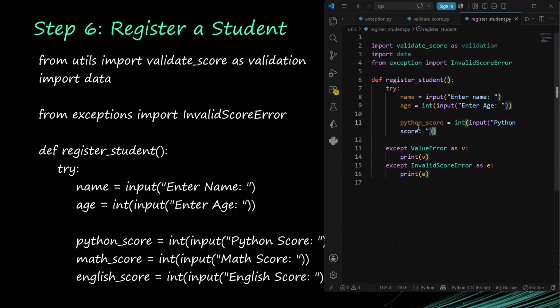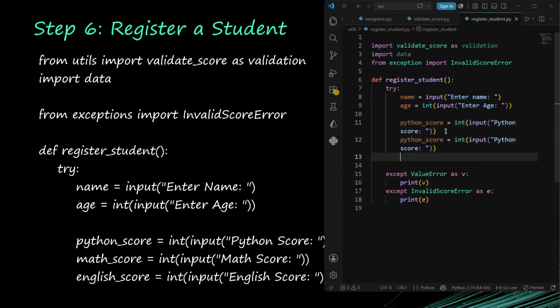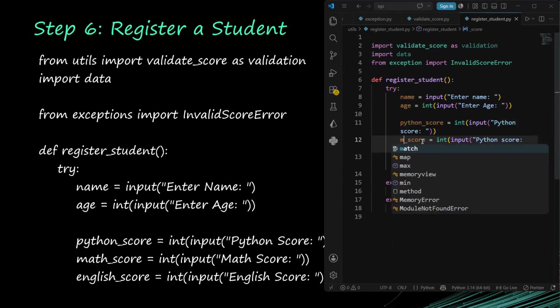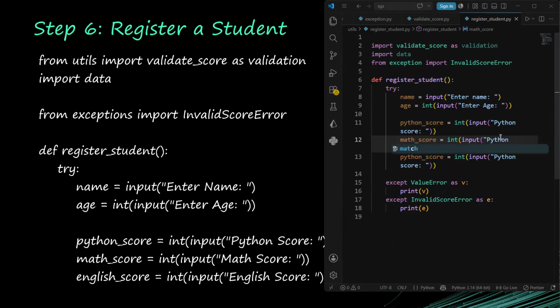I'm going to do the same thing for maybe two more: Python score, maths score, and English score.